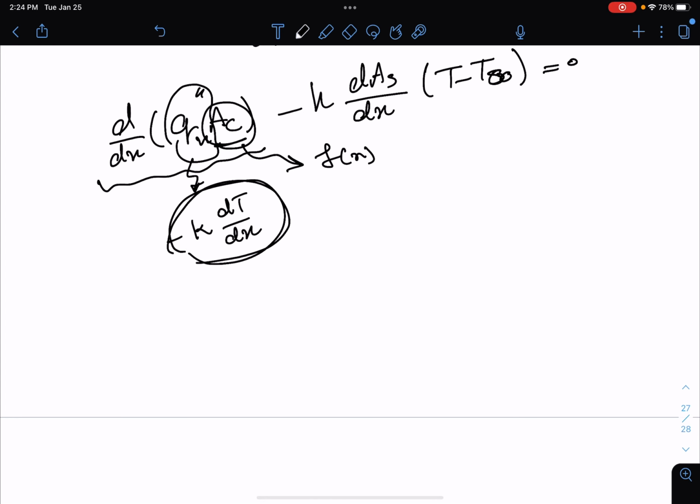I'm just substituting negative k dT/dx for q double prime x and taking the derivative.